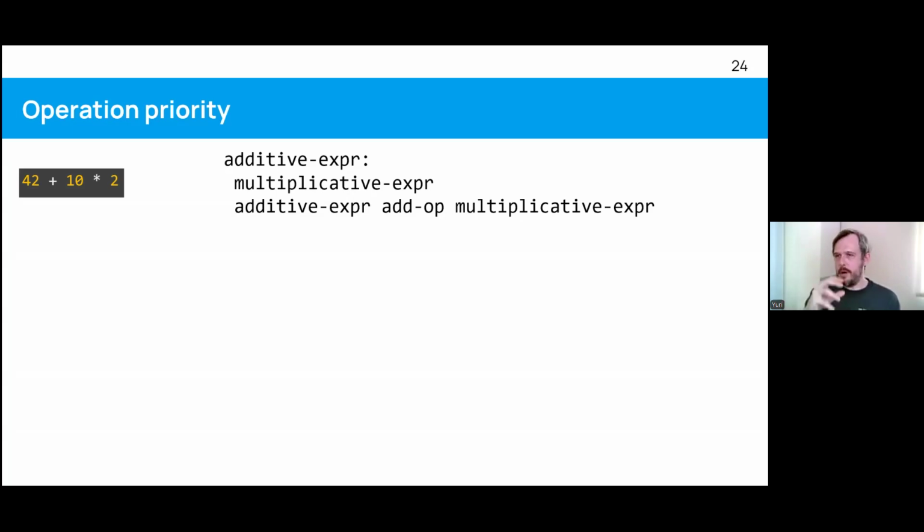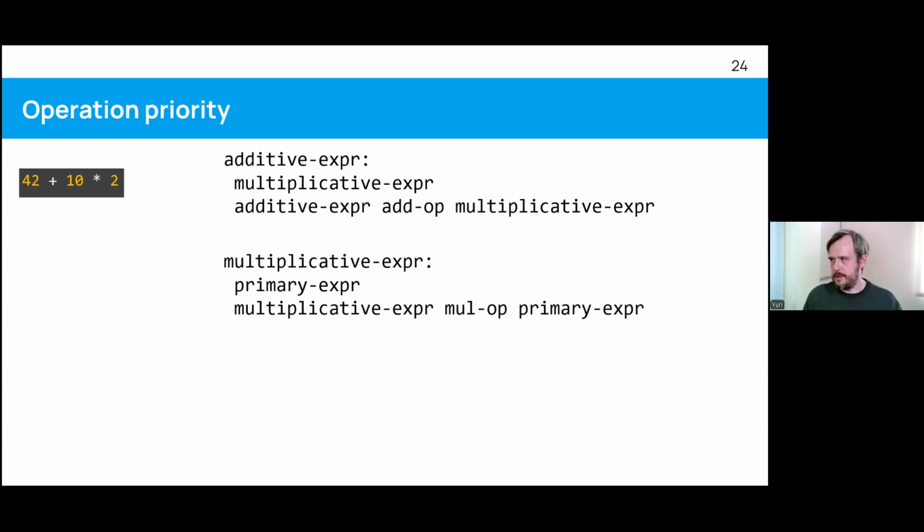So before, our additive expression was defined as primary or additive plus minus primary. And now instead of primary, we have a multiplicative expression. And our primary will move into this multiplicative expression definition. And of course, we'll have a multiplicative operator, which is multiply or divide.